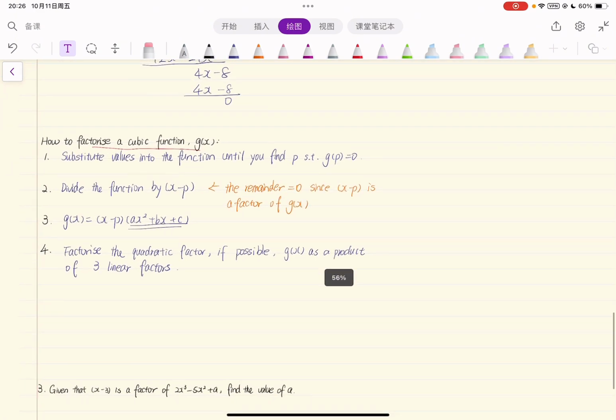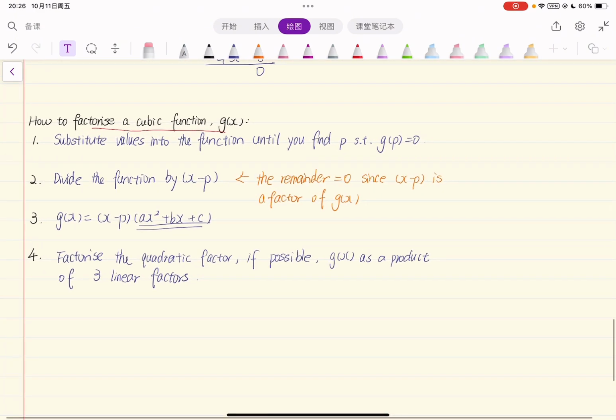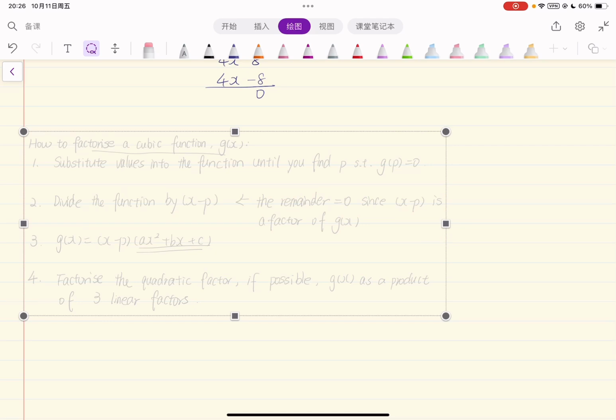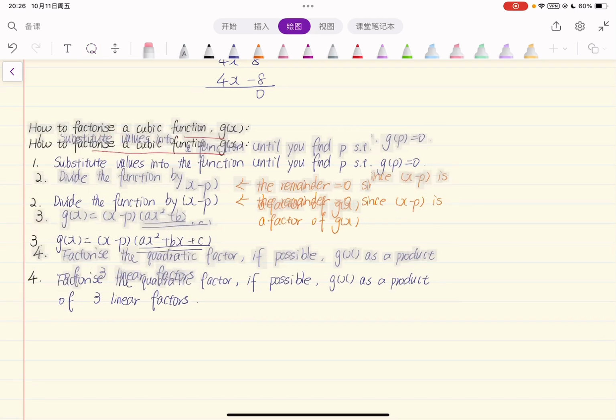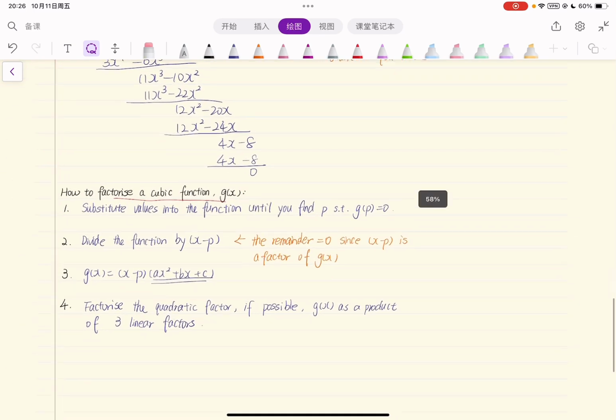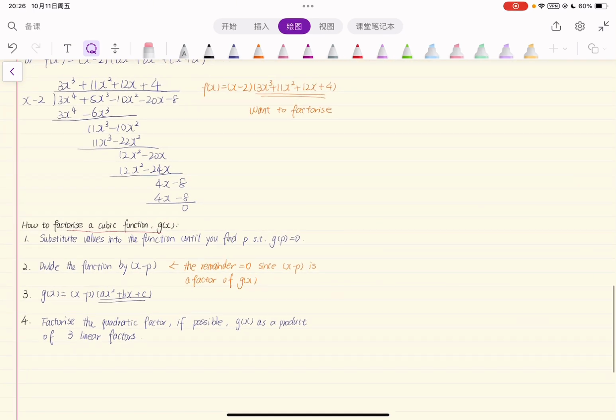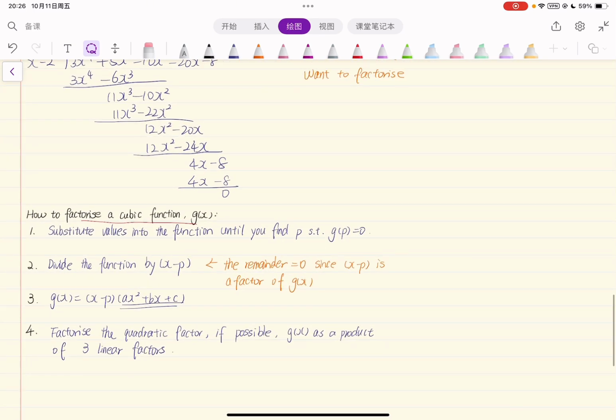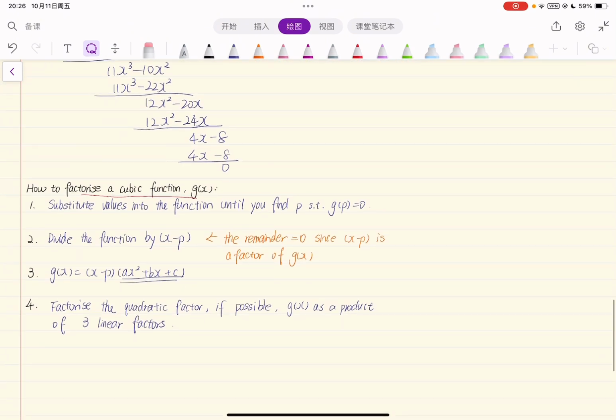So here is a process. So you need to substitute the values into the function until you find p such that g(p) equals 0.